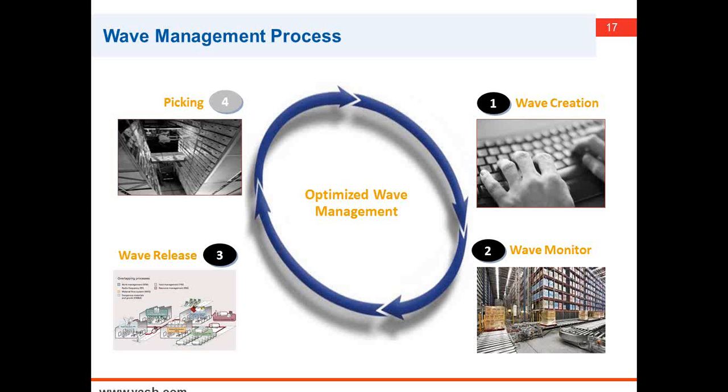The next step that we're going to take is, that's great, we want 95% of our waves automatic, but there may be times that we need to do a manual wave. So on step 3, we'll show a manual wave, and then we'll just discuss the pick, pack, ship process within SAP. So Shankar, next slide, please.